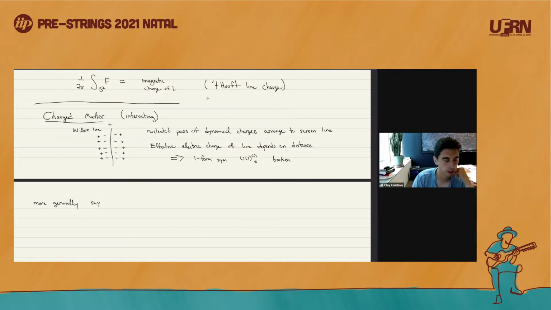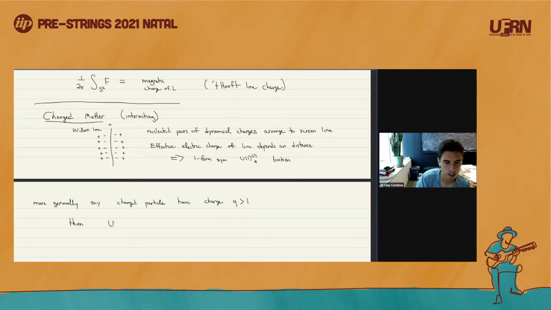Okay, so let's return here. More generally, let's say the charge in our theory have charge Q, which is greater than 1. So, for instance, maybe we have some fermions in our Lagrangian, and they all have charge 5. Nobody has charge 1. Then I claim we get a kind of interesting intermediate situation.